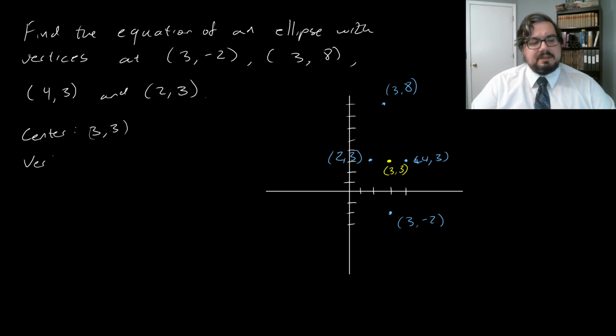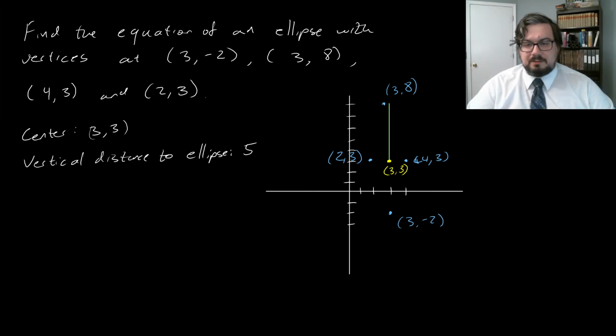And we can see that from that center, our vertical distance to the actual point on the ellipse is 5. Because if we just take the distance from 3, 3 up to 3, 8, we see that's a distance of 5, the difference in the y values.